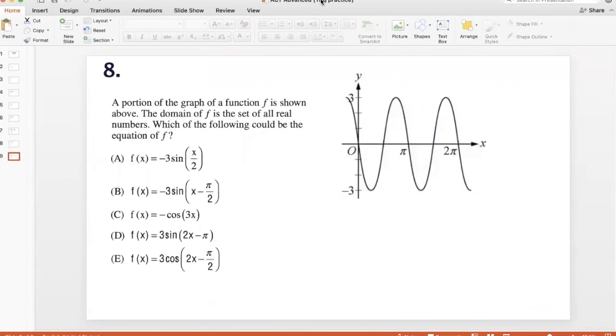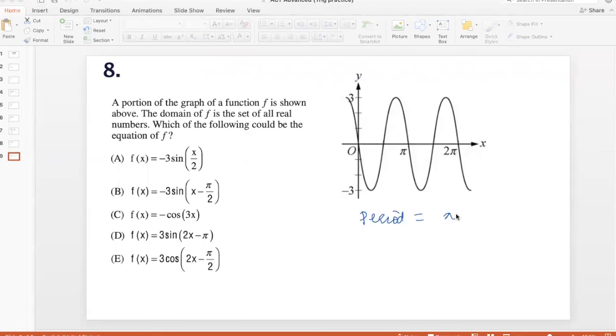Question 8. A portion of the graph of a function f is shown above. The domain of f is the set of all real numbers. Which of the following could be the equation of f? So here, the first thing that I notice is that the period is pi, right?